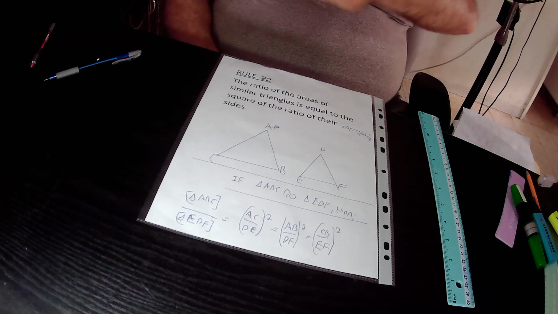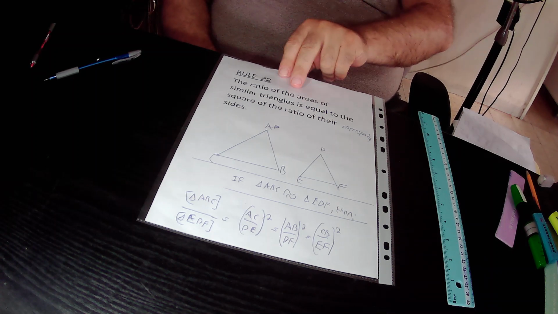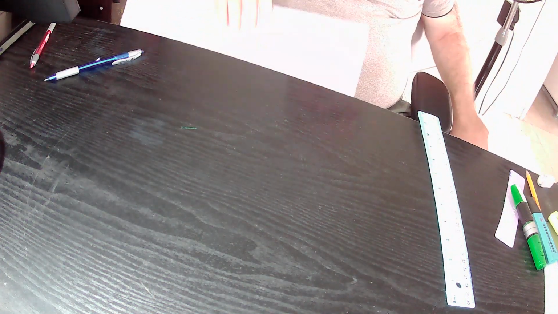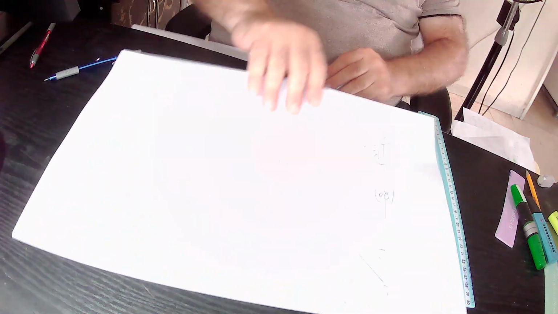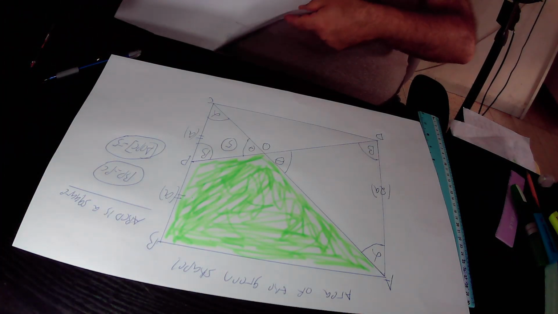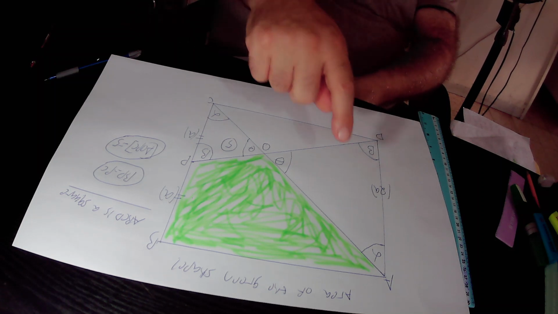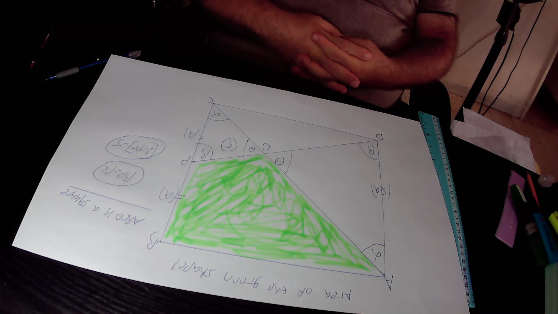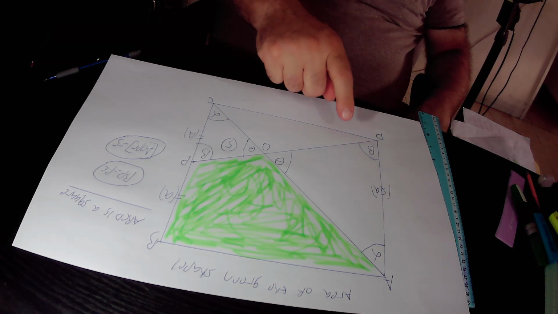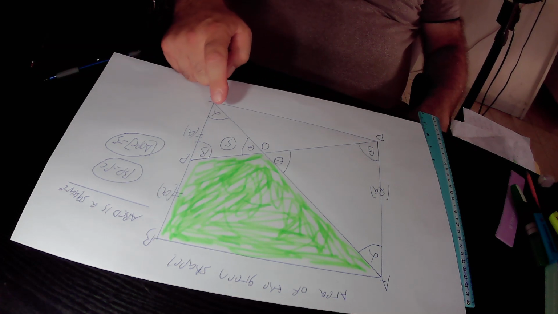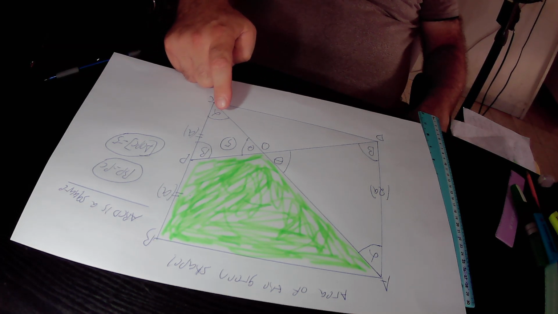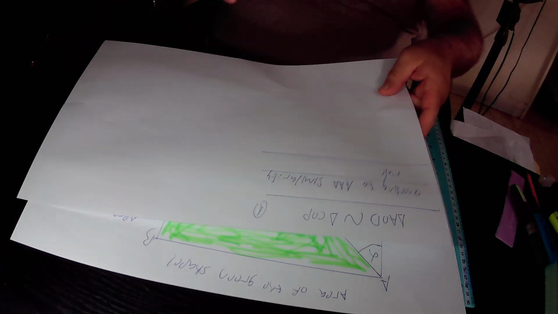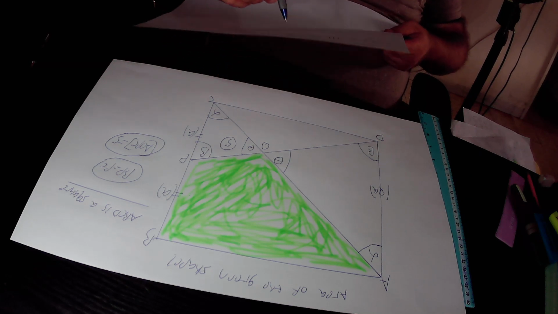So we can definitely implement Rule 22 in our drawing. Why? Because in our drawing we have already found out that the big triangle ADO is similar to the small triangle COP. So the area of triangle ADO over the area of triangle OPC is known according to Rule 22, because those two triangles are similar to each other.